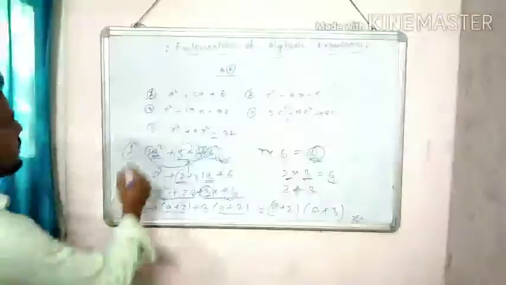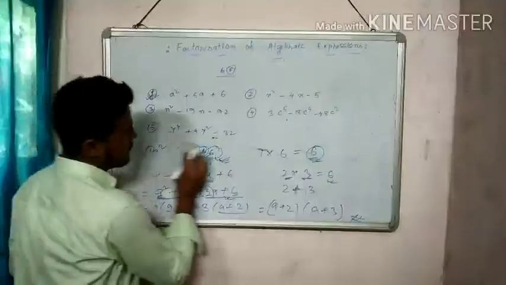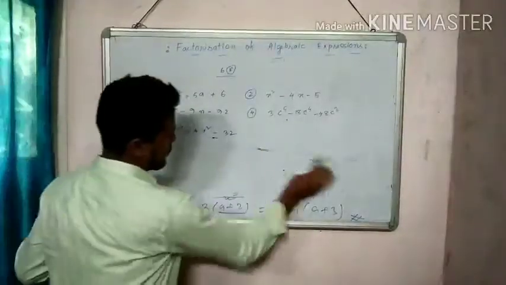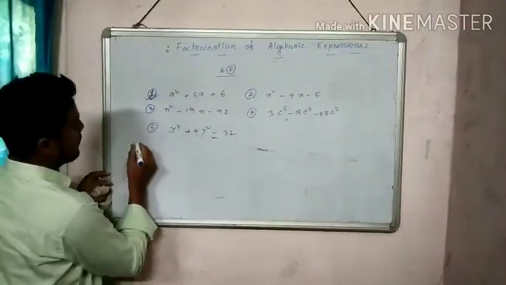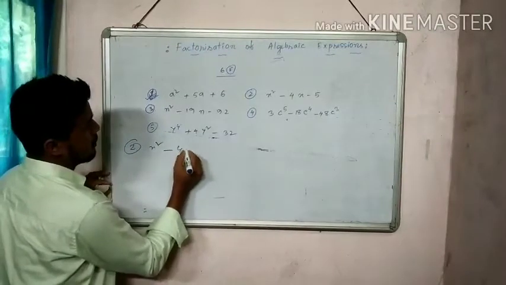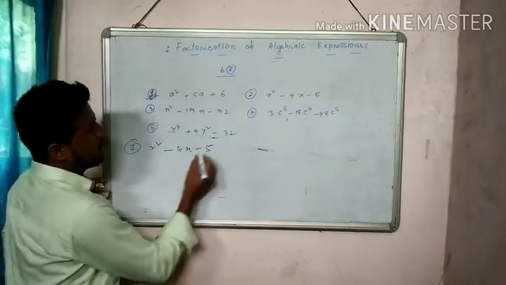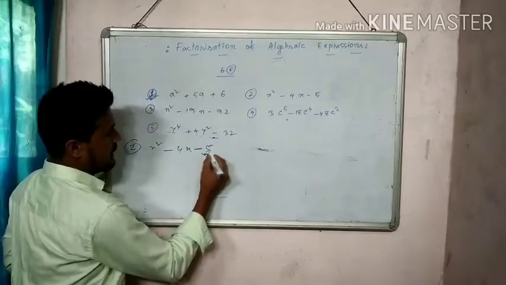I hope you understand the problem. Now taking number 2 problem. Number 2 given here is x square minus 4x minus 5. Here you can see the constant term is negative.